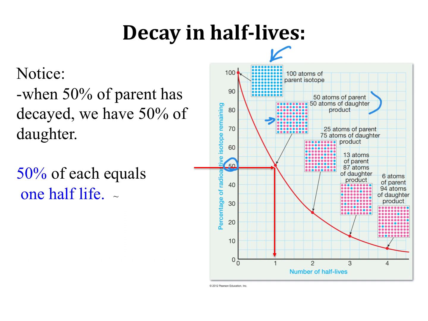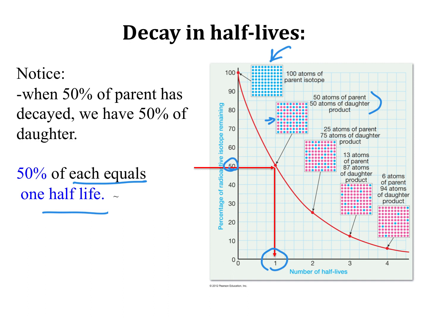And that, if we drop down, occurs when we have passed through one half-life. So 50% of parent has decayed, we have 50% of daughter, and 50% of each parent and daughter equals the passage of one half-life. So it doesn't matter which atoms we're talking about, and it doesn't matter how many we start with. They just started with 100 because it's a nice round number.